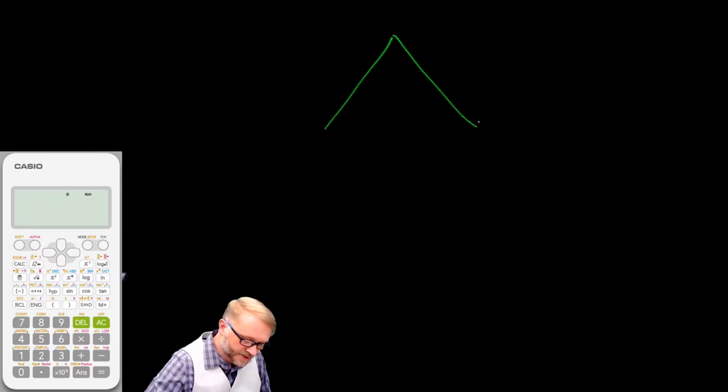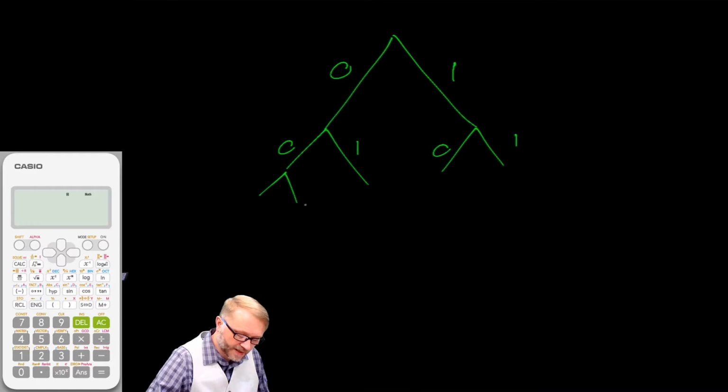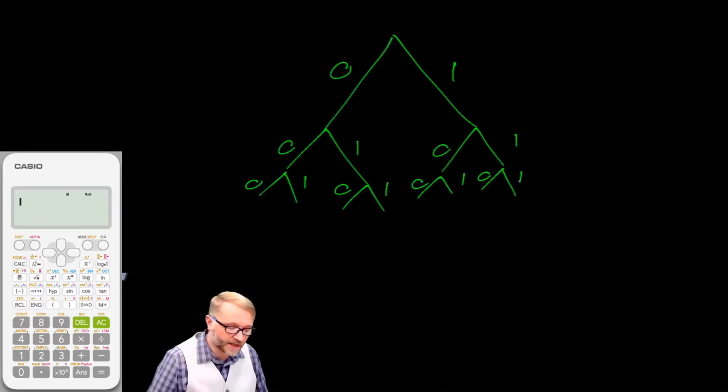In the previous video, we talked about a tree, and we said you could make a yes-no decision, followed by another yes-no decision, followed by yet another yes-no decision. So in 3 levels, in asking 3 yes-no questions, you could determine 8 things.